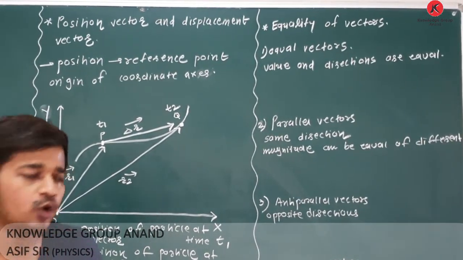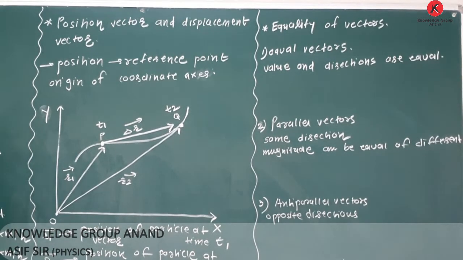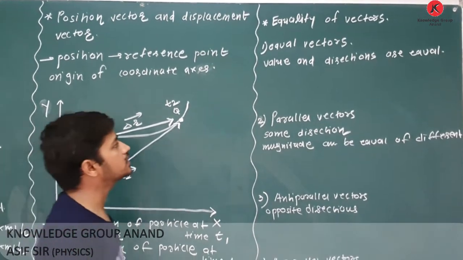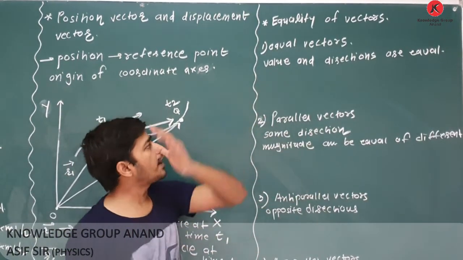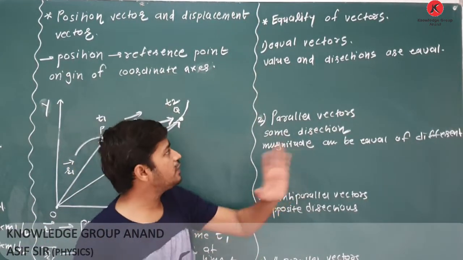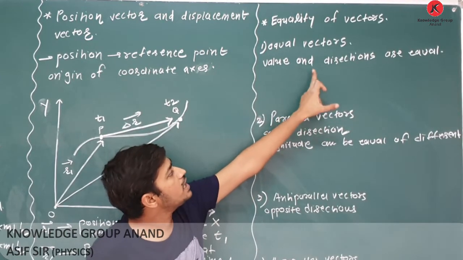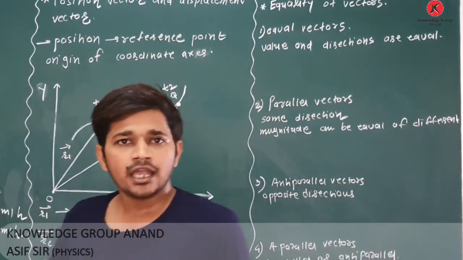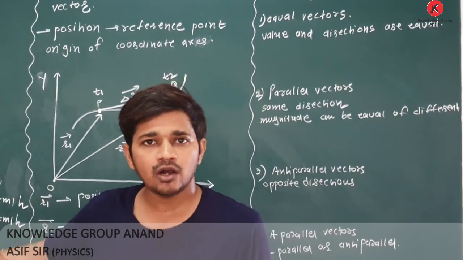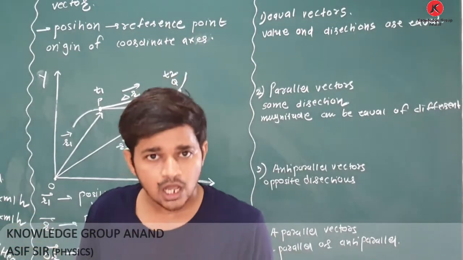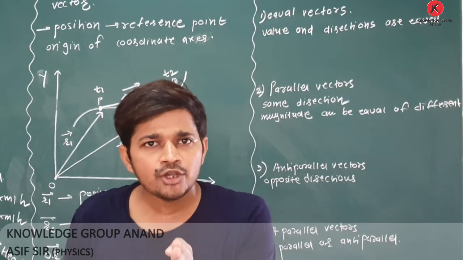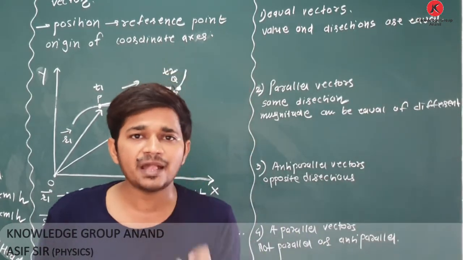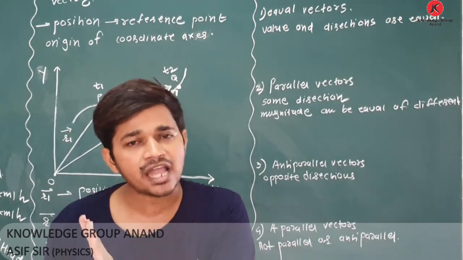Clear about this? Now the next point, equality of vectors. What is the definition of equal vectors? Value and directions are equal. Value and directions are equal means, as we have already discussed, any vector quantity you have to represent by an arrow, having some length and a head in some particular direction.